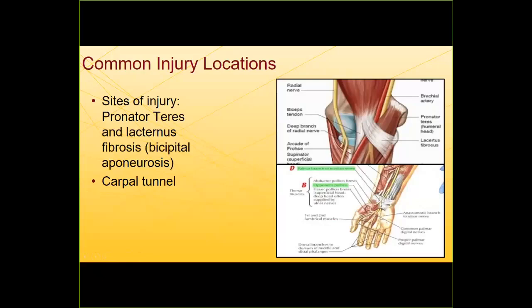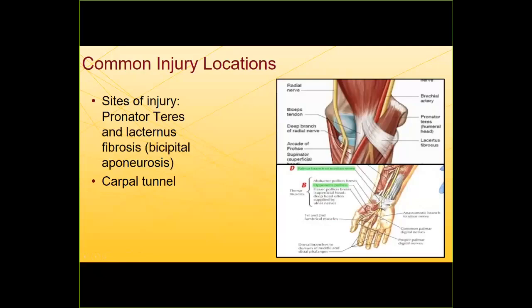Or it could be that the nerve is irritated in and of itself because of awkward postures a person might adopt, or because they have diabetes and that changes the circulation to the nerve. One can cause the other. Tenosynovitis can cause irritation to the nerve because it makes the nerve have less space to work through, and it becomes more compressed.